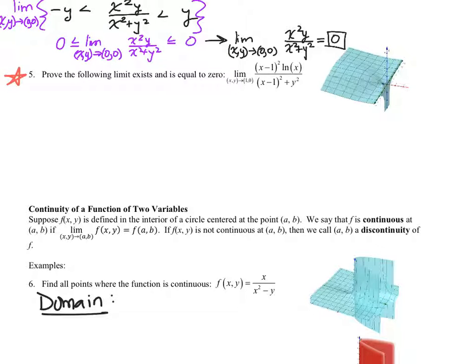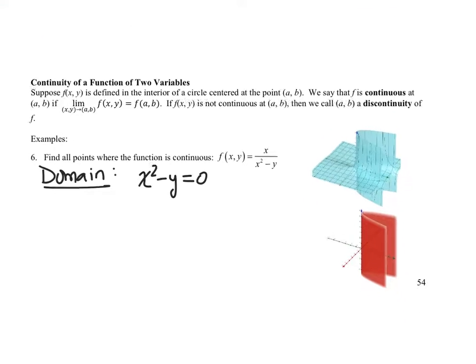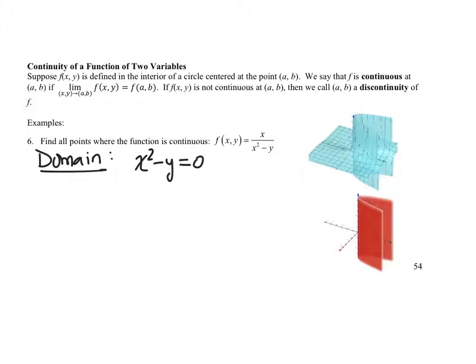So looking at this function, I want to identify any instance where the denominator would be equal to 0. That would happen if x squared minus y is equal to 0. All right, so my domain is going to be related to this equation, which can be simplified a little bit, really just by adding the y to both sides, y equals x squared.